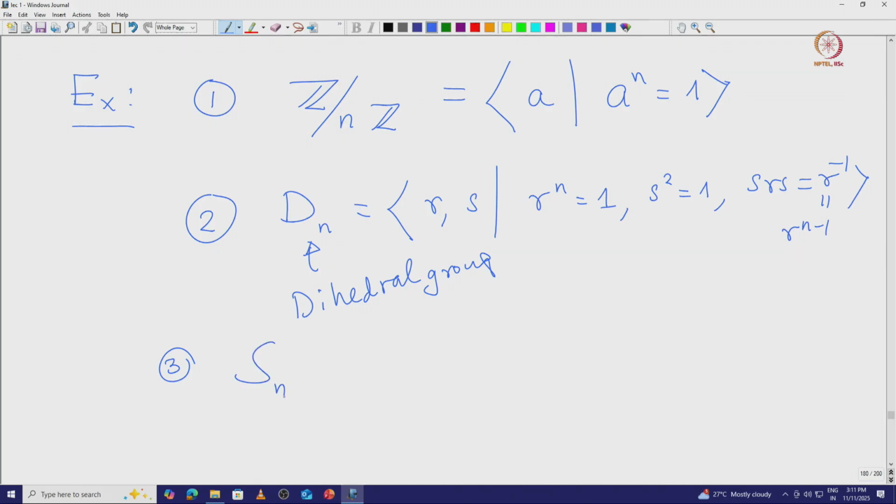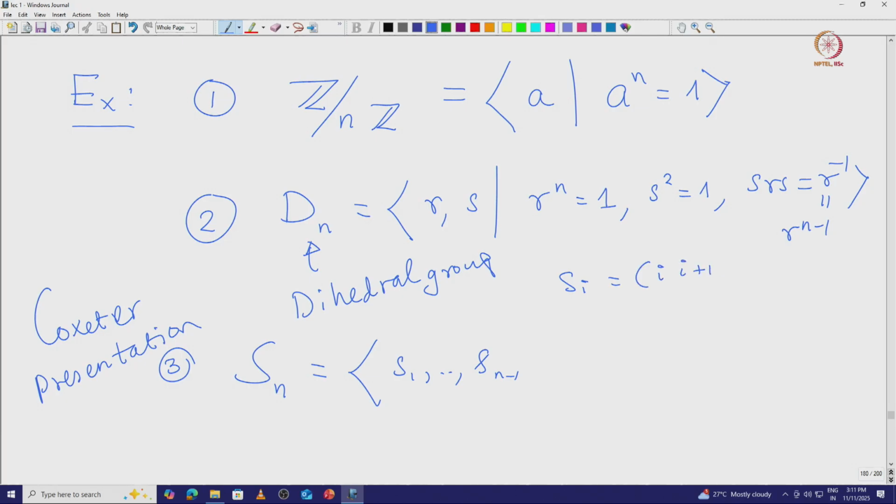For the symmetric group, like I said, we have what is called the Coxeter presentation. So, it is generated by s1 etc. up to s(n-1), where si is nothing but the transposition (i, i+1), and there are certain relations.